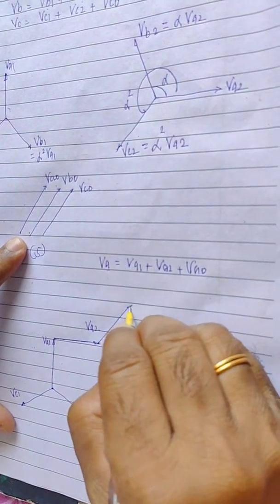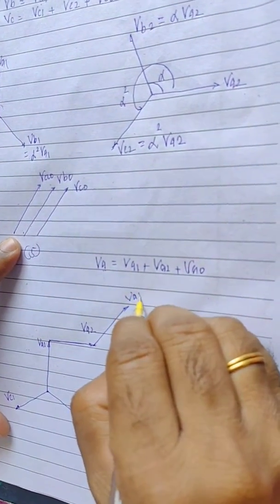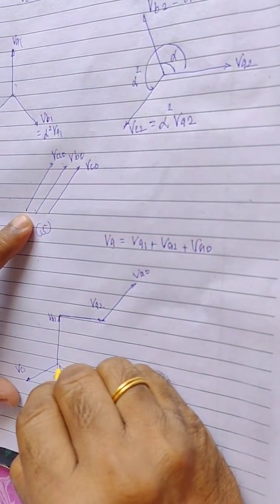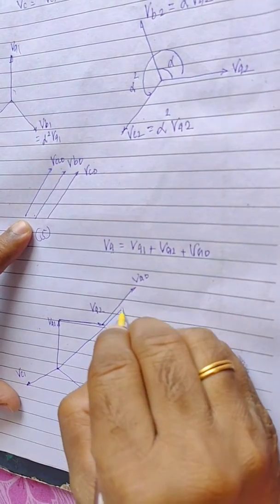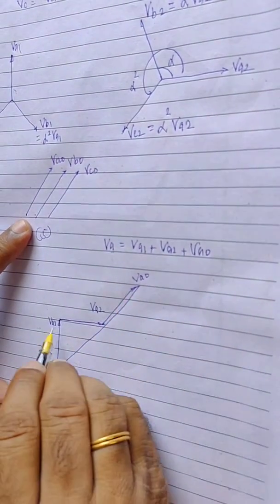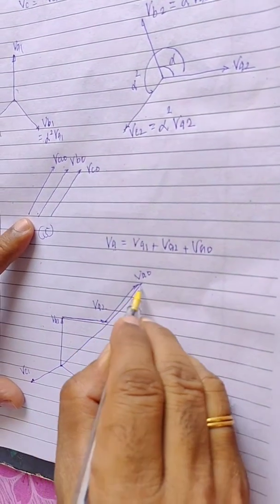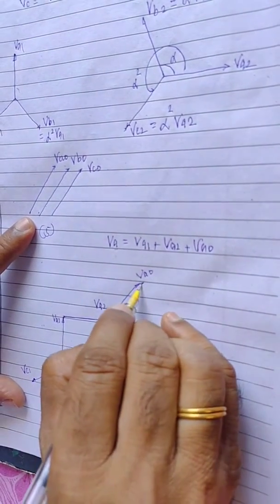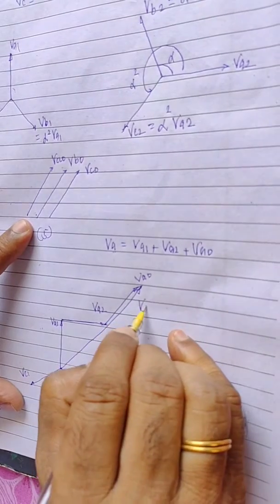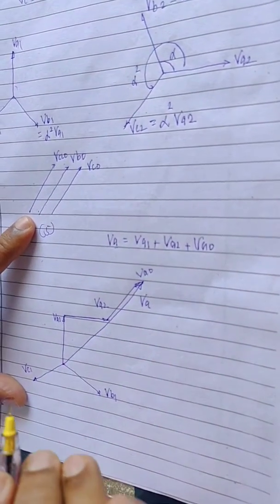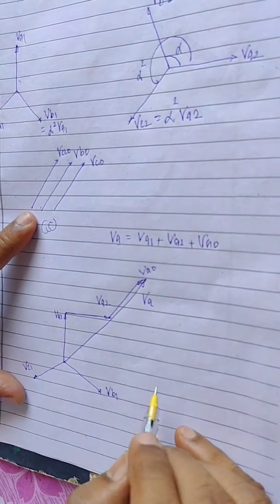The sum of the three components, VA1 plus VA2 plus VA0, is nothing but VA.